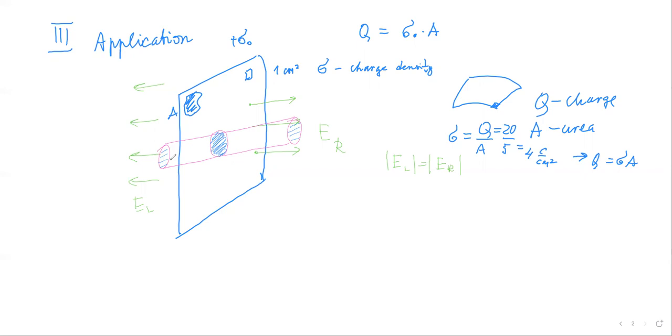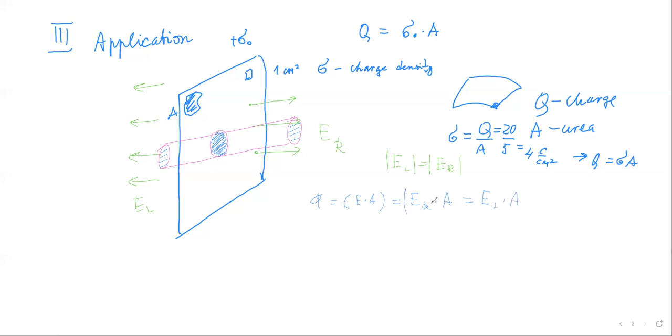And if you look at the picture, if the fields are equal, that means the net flux, remember that flux is actually what? Dot product between field and area. So in our case, because the field is uniform, the plane is infinitely big and there is no chosen direction, the field cannot increase up or decrease down or increase left or decrease right. So it's just going to be E right times the area, and that's going to be E left times the area.